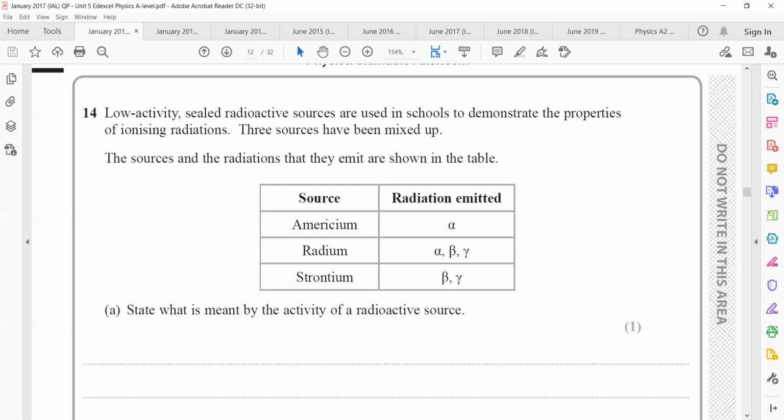What is meant by the term activity? So how do we define the term activity? The term activity means how many radiations or how many nuclei disintegrate or break down per second. Or basically, when something is with respect to time, you can use the term rate. So rate of emission, rate of decaying of unstable nuclei.